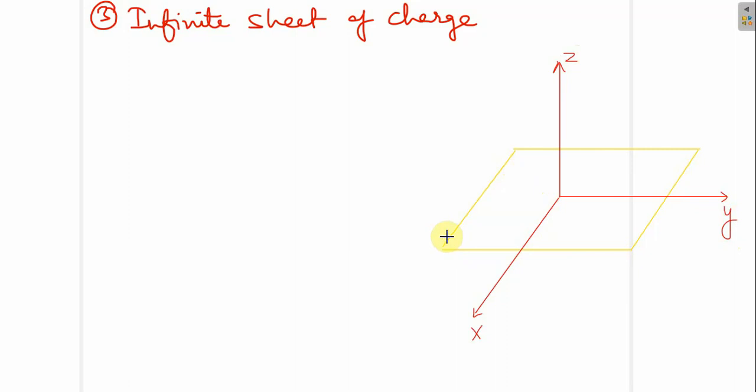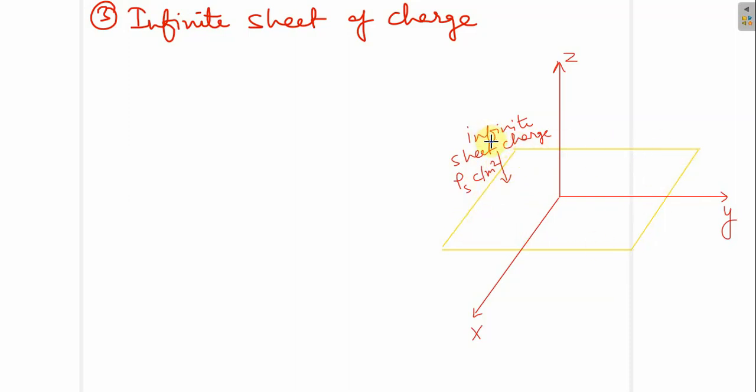And this surface shown by yellow is the infinite sheet charge. Since this is an infinite sheet charge, the charge density is rho s coulomb per meter square. So rho s coulomb per meter square is the charge density of this infinite sheet.